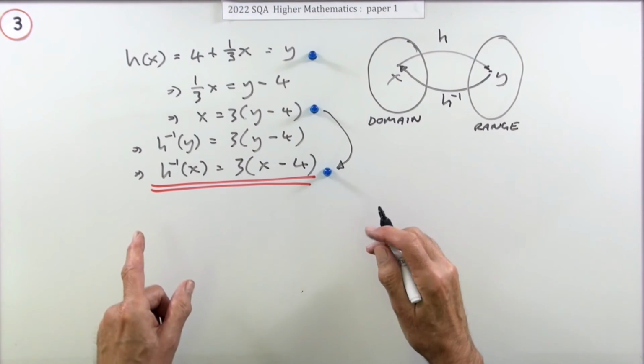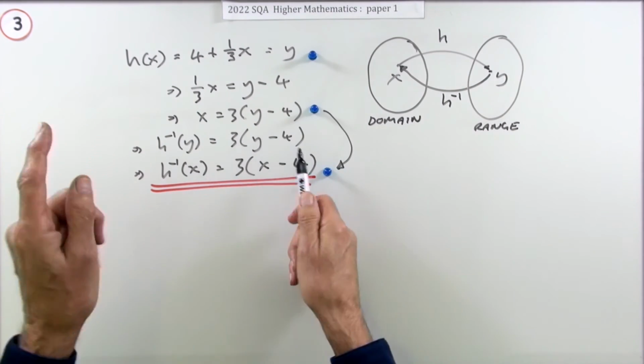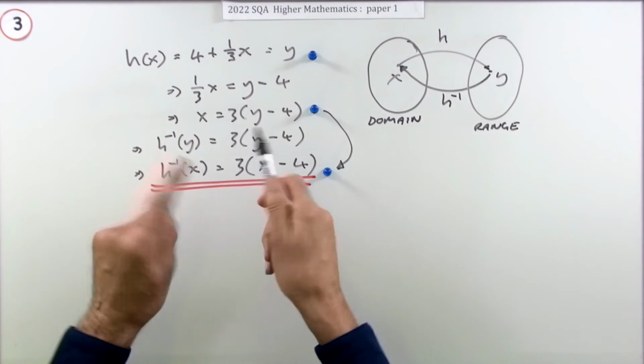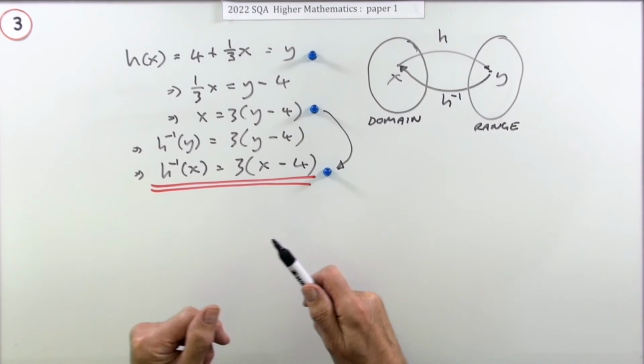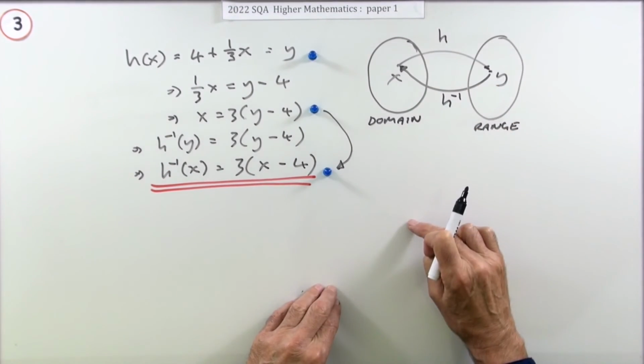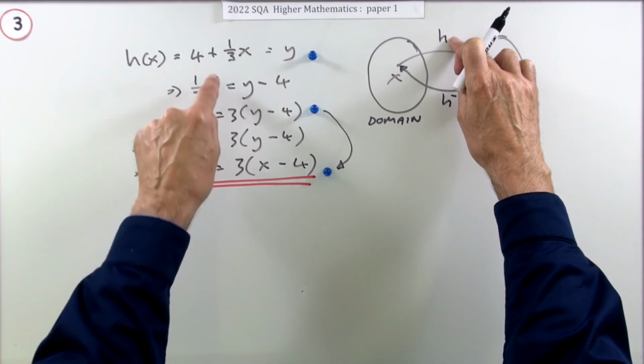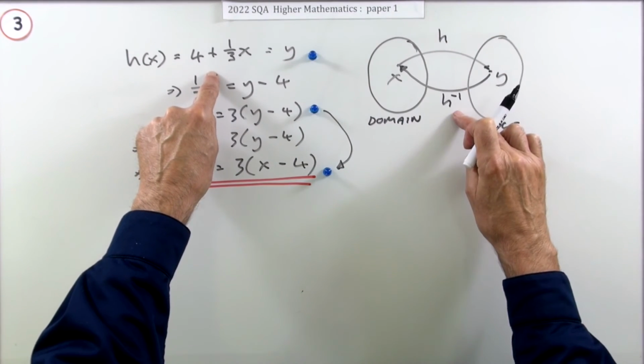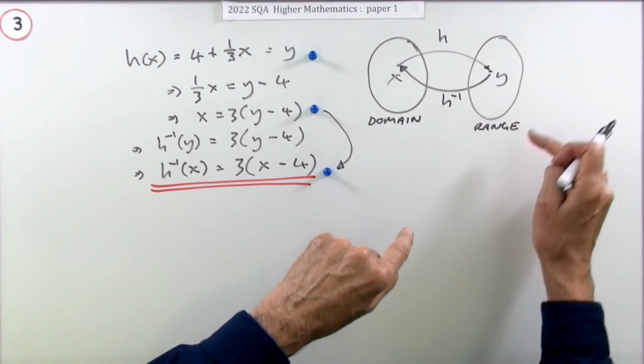Now, another way, a more sophisticated way that doesn't involve this jumbling of x's and y's that may confuse you, is simply to say these two functions undo each other. If you apply h and then apply the inverse of h, it just takes you straight back. Same the other way around.